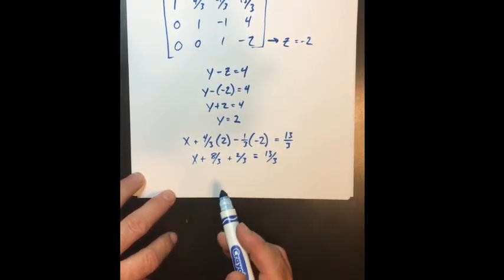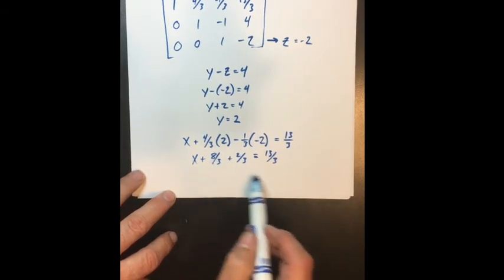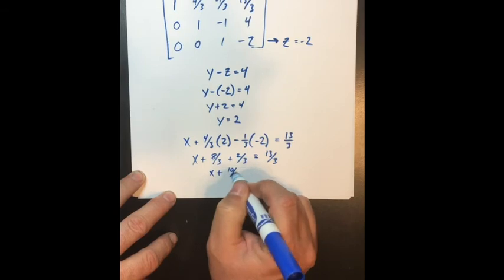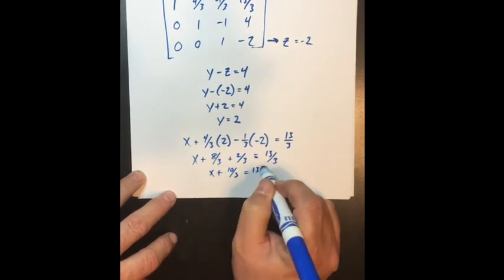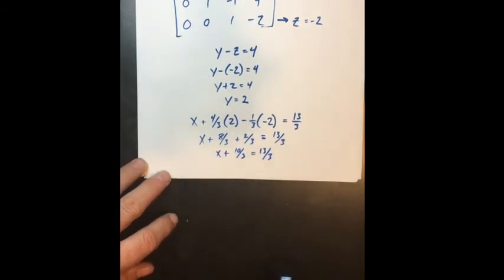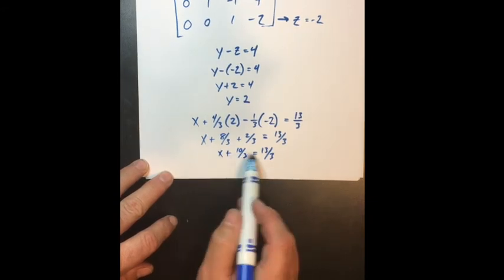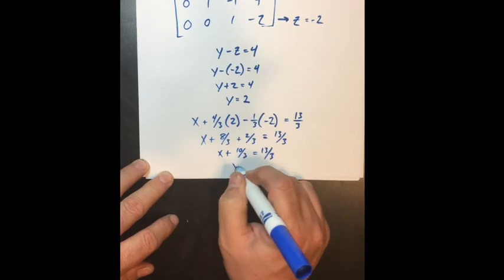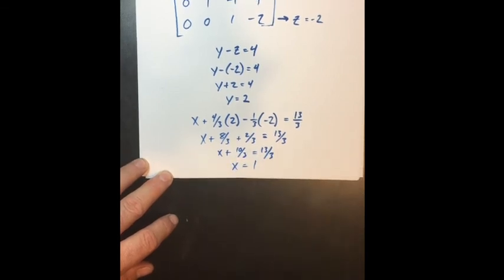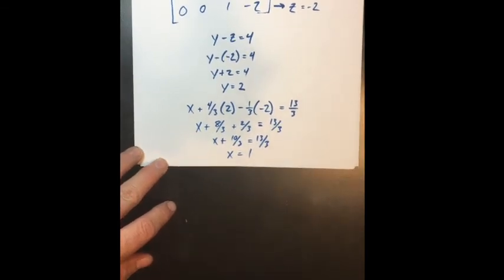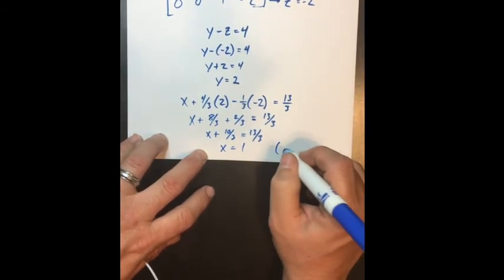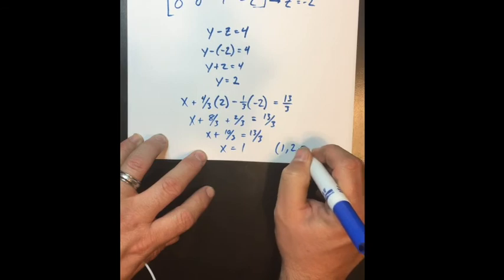So 8/3 and 2/3 is 10/3. x plus 10/3 equals 13/3. If I subtract 10/3 from both sides, 13/3 minus 10/3 is 3/3, or just 1. So our final solution to this system of equations is the ordered triple 1, 2, negative 2.